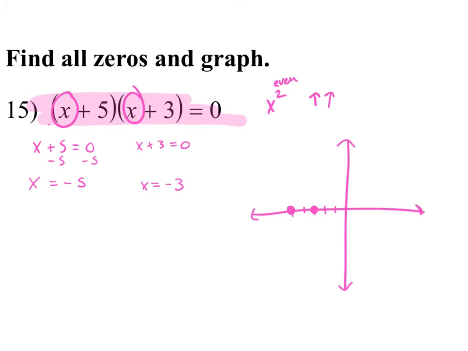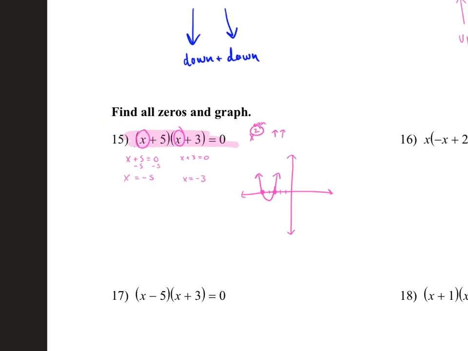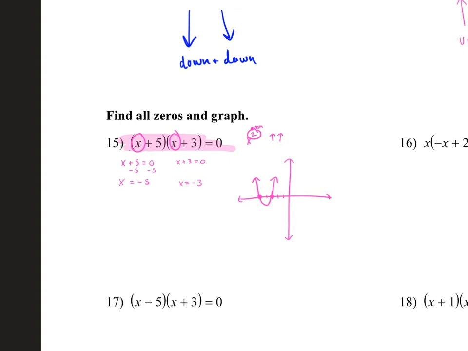So out of the point farthest to the left, we go up. Out of the point farthest to the right, we go up. Now we just connect our dots. Yeah, since there's 2, that's what makes it even. Okay. Good question. Any other questions on this one?